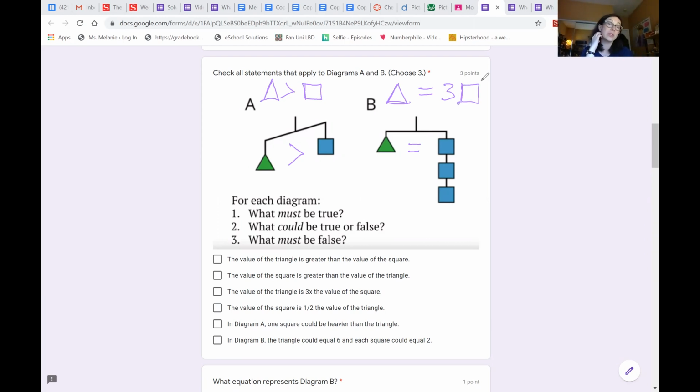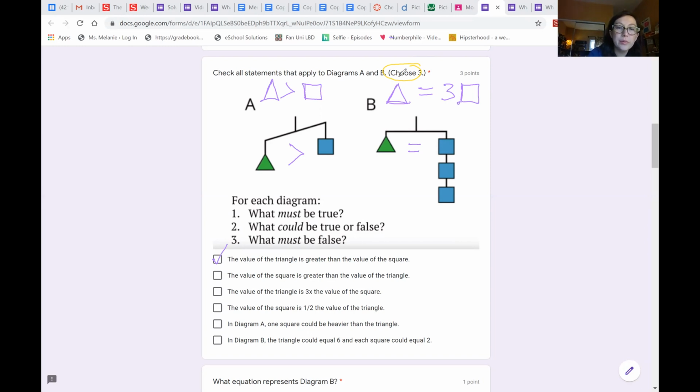Okay, so we have to read the statements closely. The value of the triangle is greater than the value of the square. Yay, that one was easy because we had already determined that. It says to choose 3, so 3 of these statements are correct. The value of the square is greater than the value of the triangle.